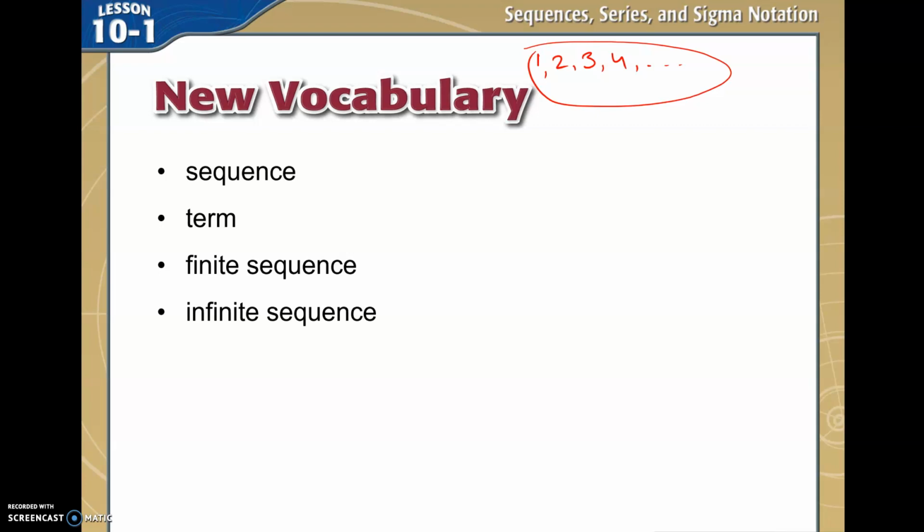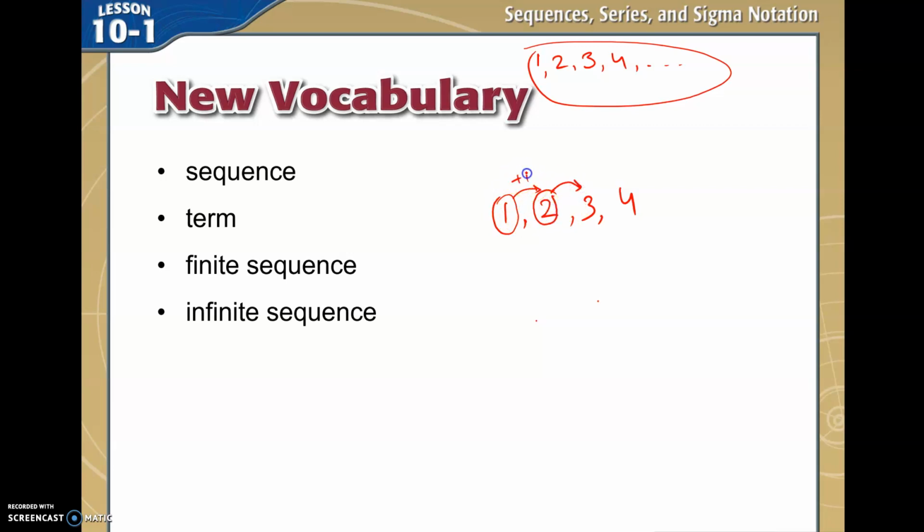A finite sequence is when you have some numbers, like 1 2 3 4. This is a finite sequence. What is happening in this sequence? We are adding 1 to the previous term. If you add 1 to the first term, you get the next term, and if you add 1 more, you get the next term.